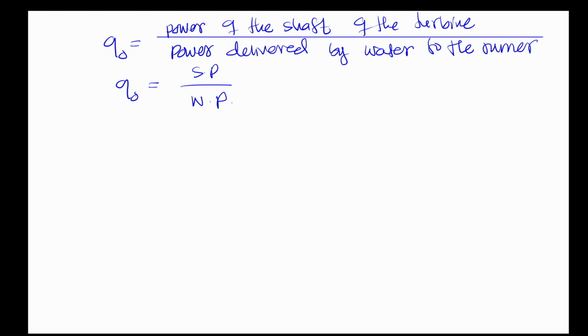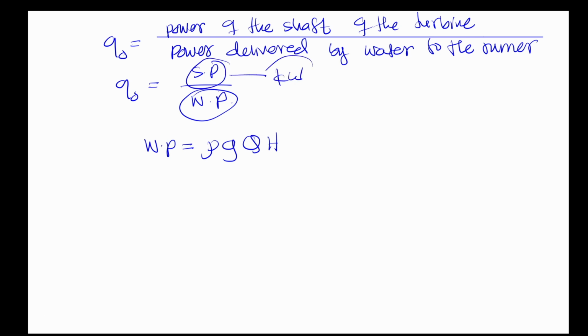The first thing is we will start from the work power that is delivered to the runner. It can be determined using density, g, Q and H, and I remember mentioning it in the class. Since in our case the shaft power is given in kilowatt, let's divide this with 1000, so we will be getting it in kilowatt as well.